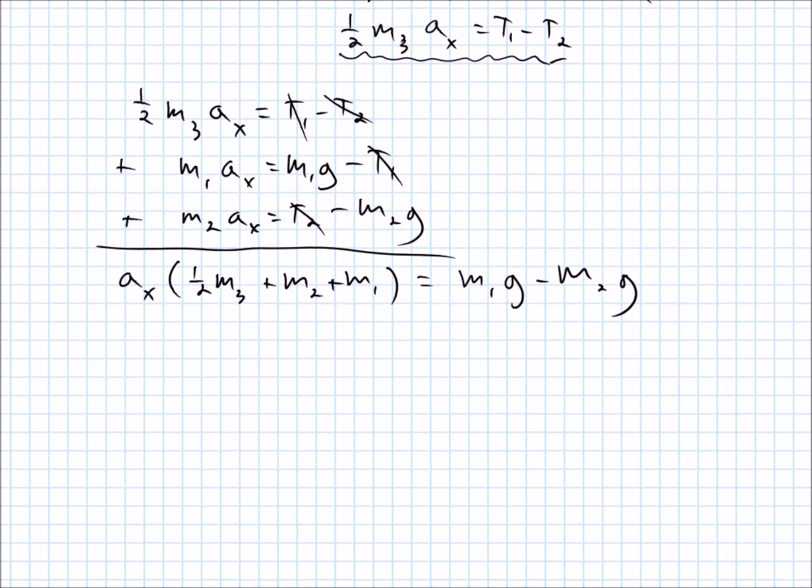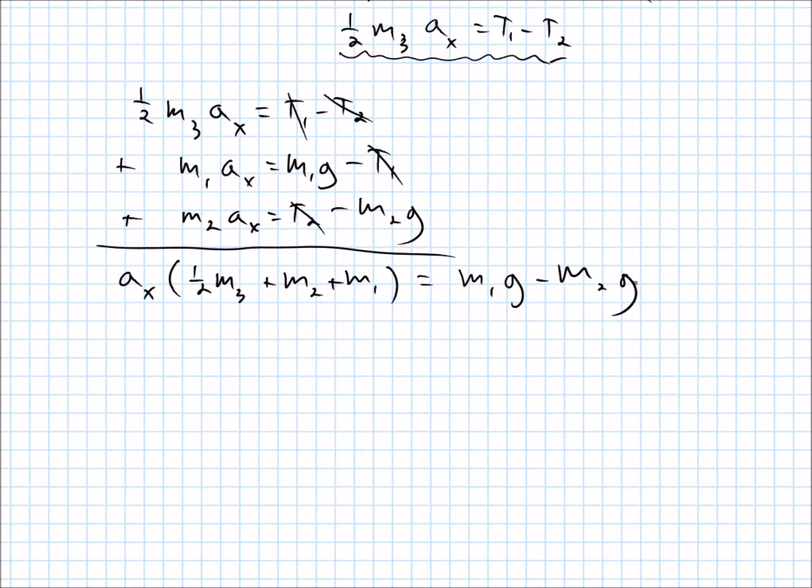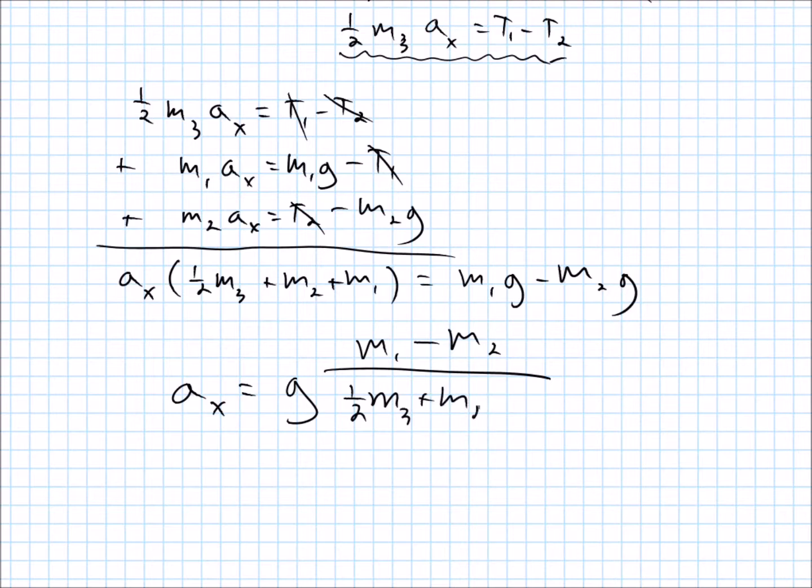Now, to solve for ax, I'll just divide over, and I'll pull g out of these terms too while I'm at it. So ax is equal to g times (m1 minus m2) over (1/2 m3 plus m2 plus m1).